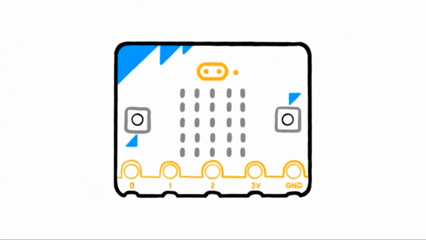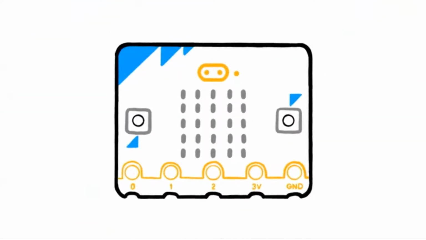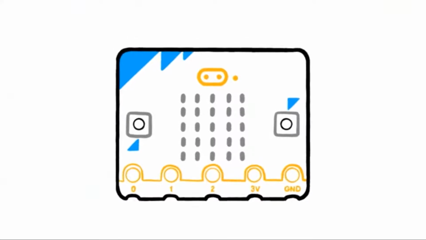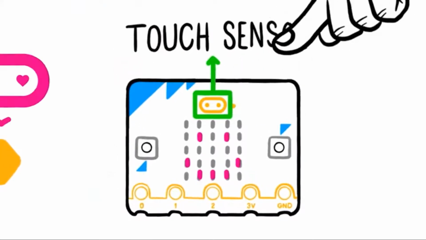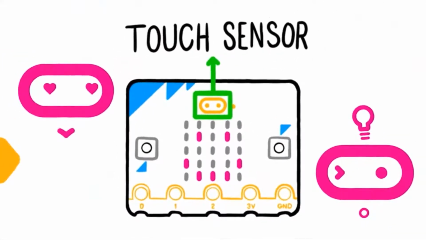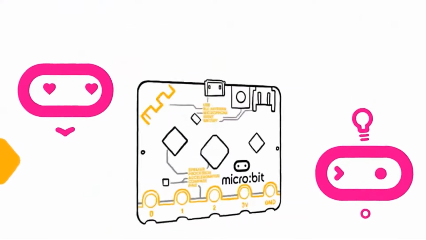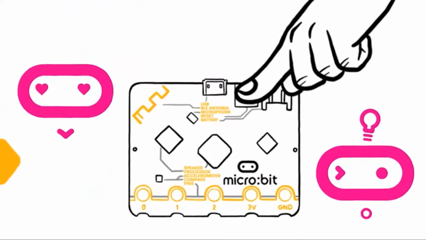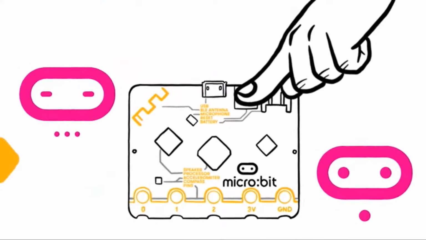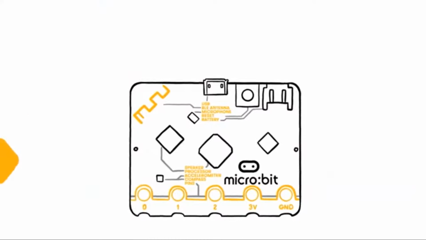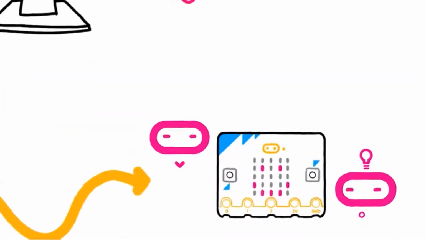On the front of the new micro:bit, its logo is now gold. This new capacitive touch sensor is an input that helps you interact with your micro:bit in even more exciting ways. And now you can turn the new micro:bit off by holding your finger down on the reset button on the back, and you can wake it up by pressing it again.